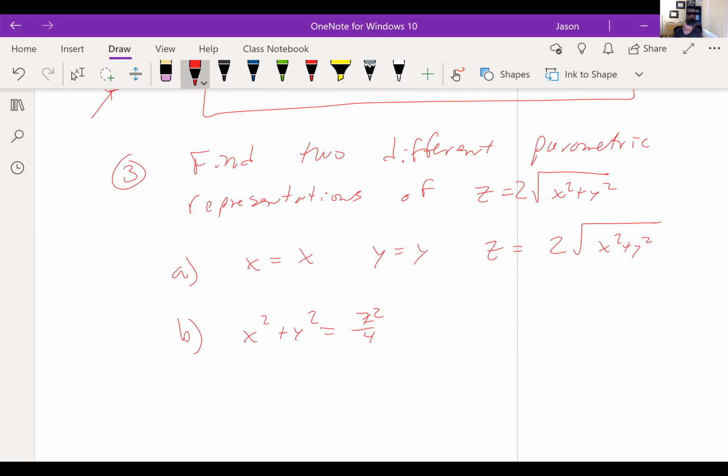Not like my drawing here. Go down, like so.